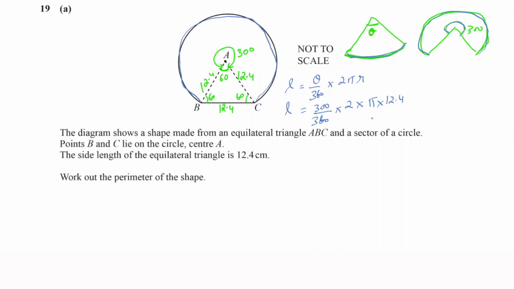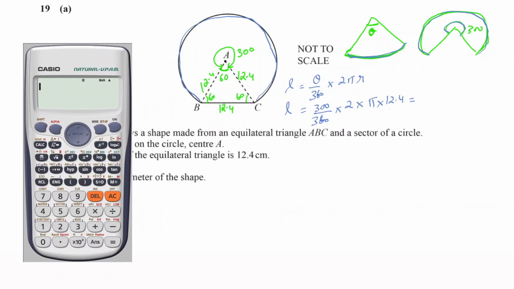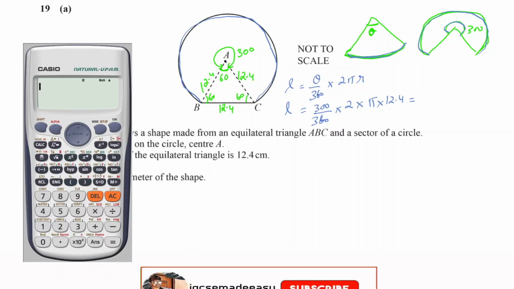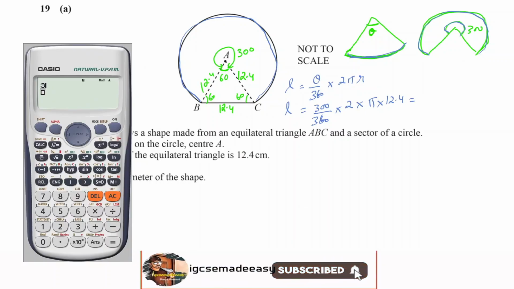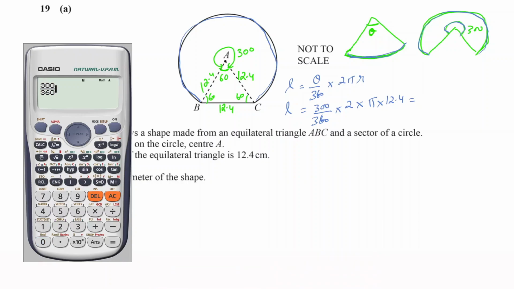So let's use our calculator to solve this. I'll type 300 divided by 360 times 2 times pi times 12.4, and that gives me 62 by 3 pi.